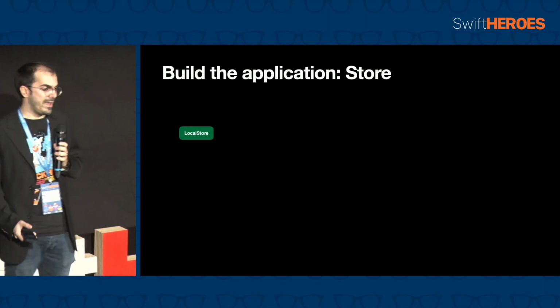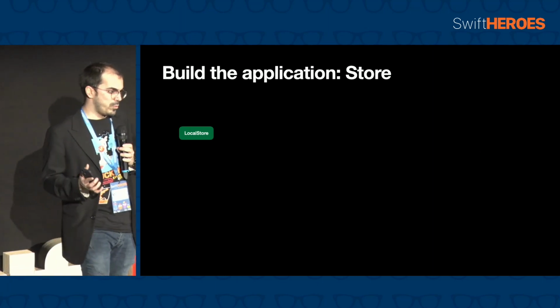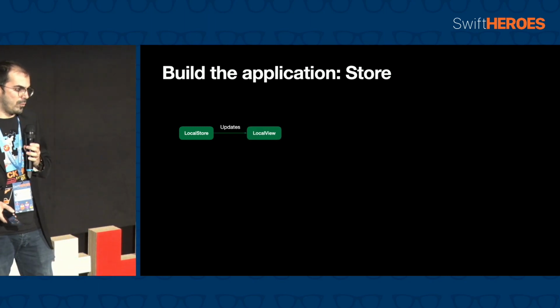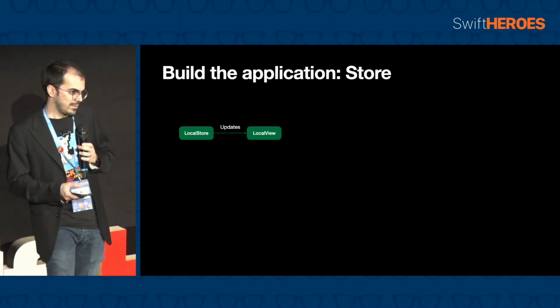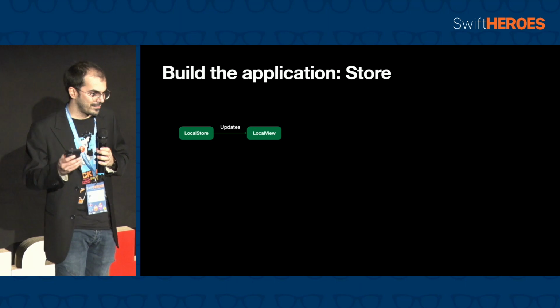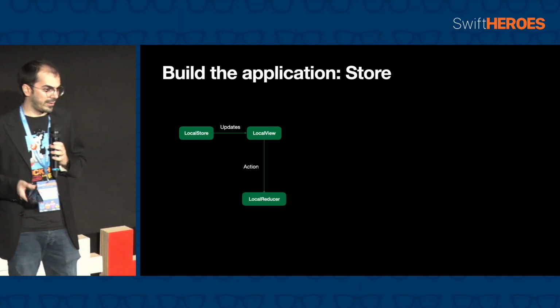Let's come back to the old Redux diagram. Do you remember it? We have a local store inside our module, which updates through a subscription, a local view. The local view then, for example, when the view appears, dispatch an action which is received by the local reducer.